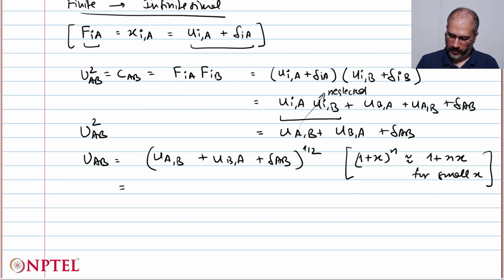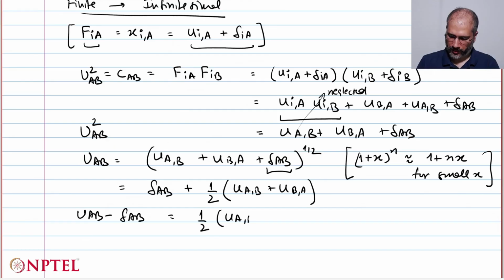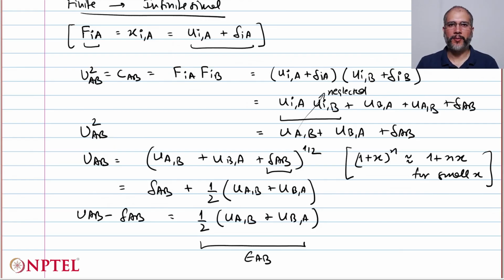So this becomes, this is like a 1, so delta_AB plus, now n is a half here, half of u_A comma B plus u_B comma A. Now u_A comma B minus delta is this. And this is nothing but your epsilon_AB. That is the infinitesimal strain tensor.